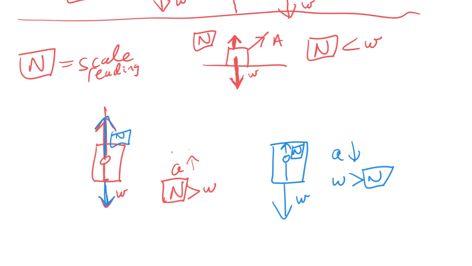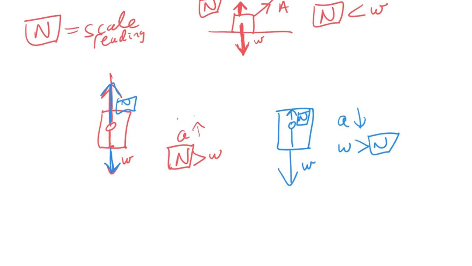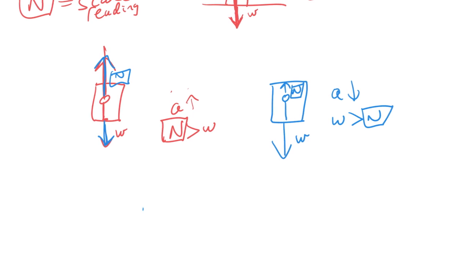So, what I'm trying to say is the weight is not always equal to the normal force. Only if the elevator or object is going at constant speed or is at rest. So here's the elevator and you're sitting on the floor, the weight will equal the normal force in two cases. If the object is at rest or if it's moving upward or downward at constant speed.